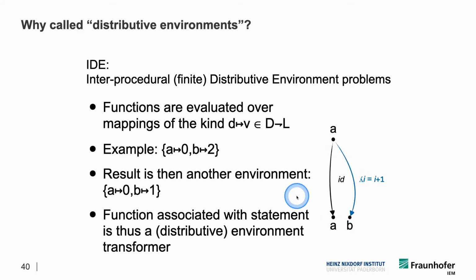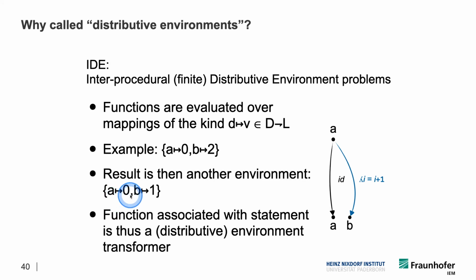Why is that? Well, essentially here you could have an input environment, right? That says at this program point, I have a mapping from A to 0 and B to 2. So that's your input environment. And then if you apply this environment transformer here, so really the combination of these different micro functions, then the result is another environment, right?